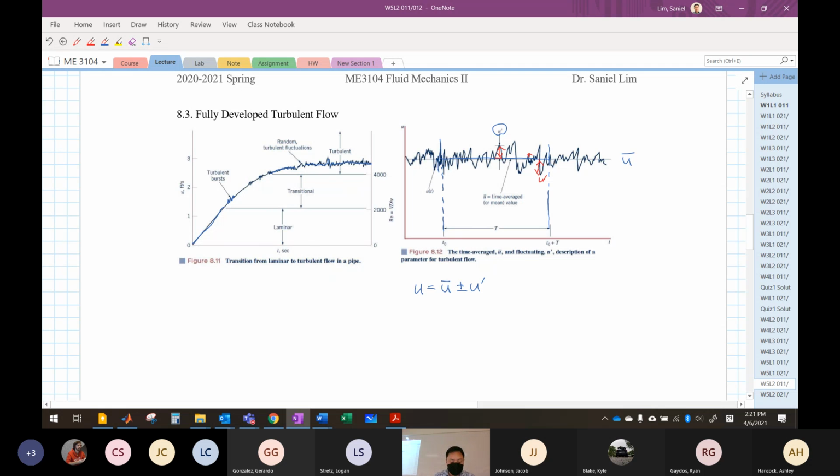So what if I just take the average of this measurement?